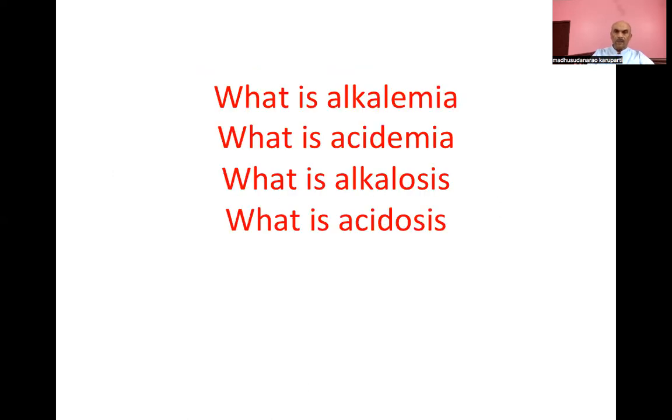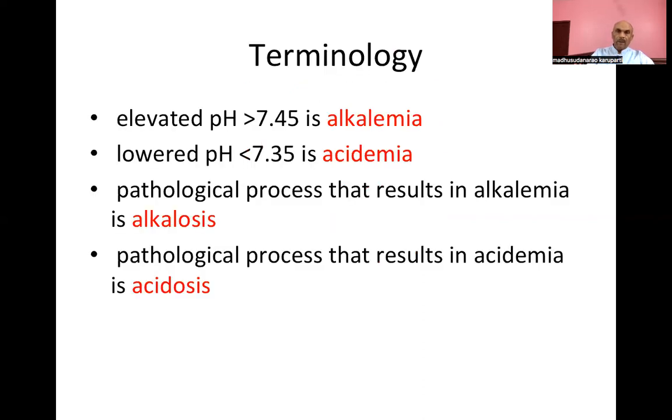What is alkalemia? What is acidemia? What is alkalosis? And what is acidosis? The meaning of these terms should be understood clearly. Alkalemia is a condition wherein pH of the blood is more than 7.45. Acidemia is a condition wherein pH of the arterial blood is less than 7.35.